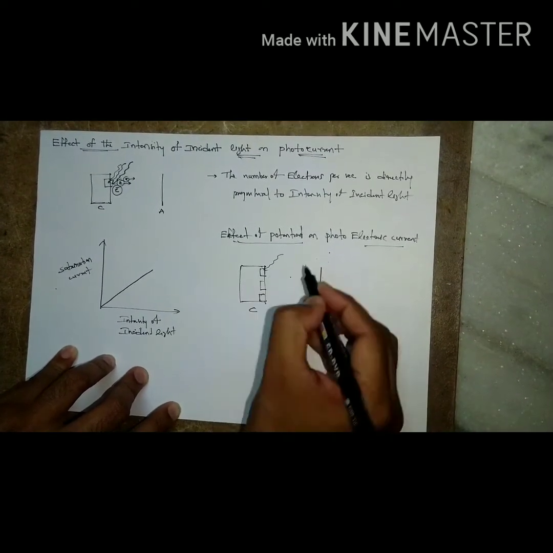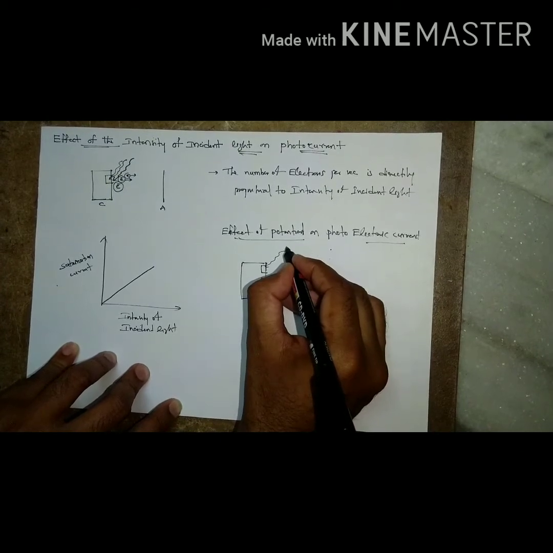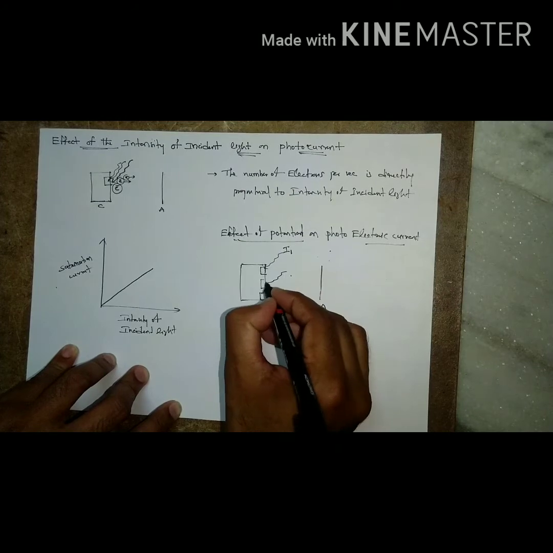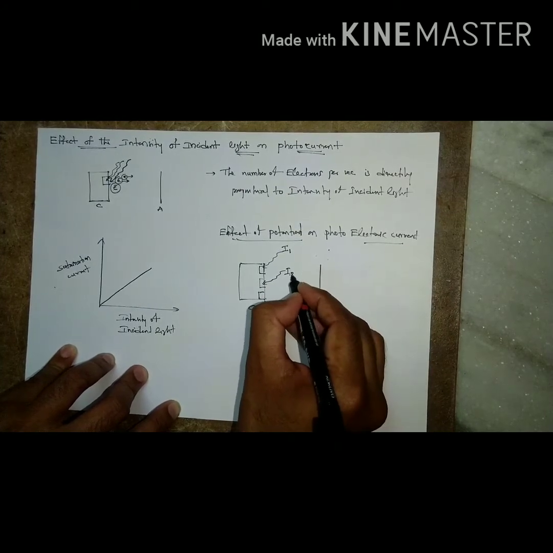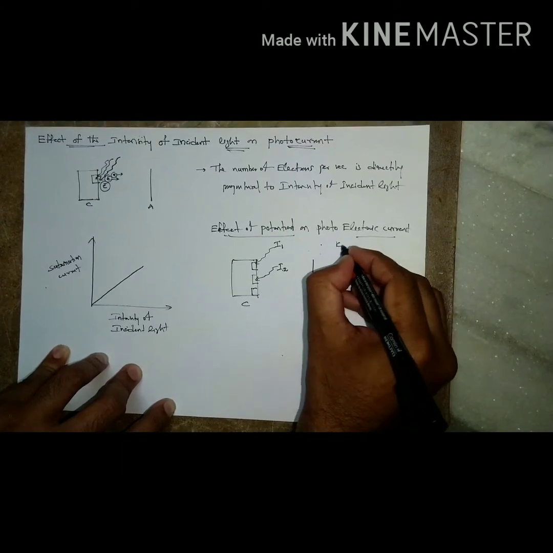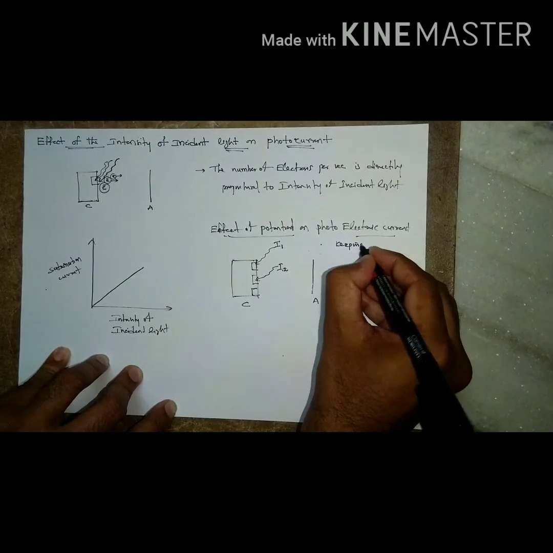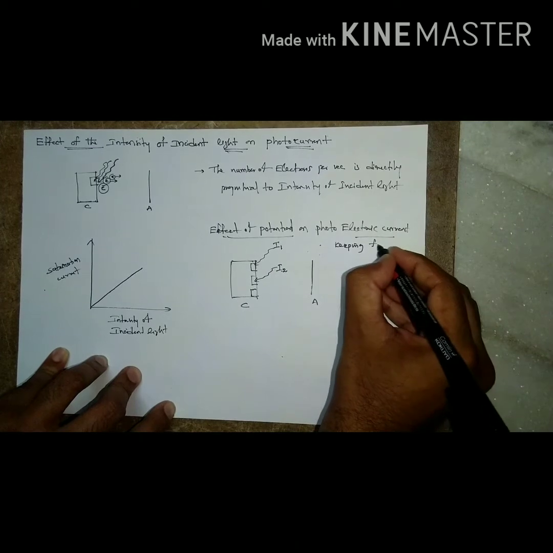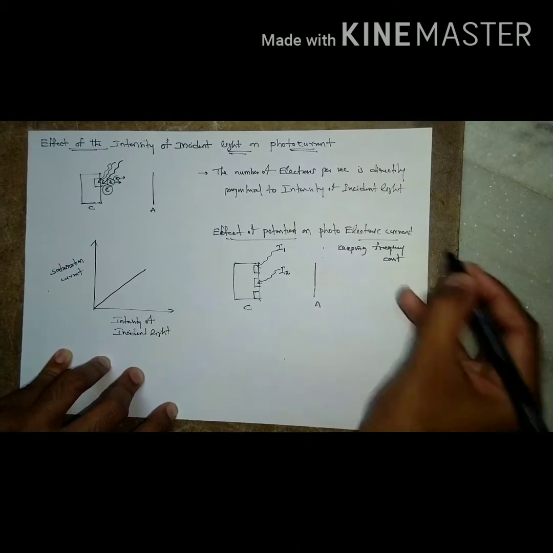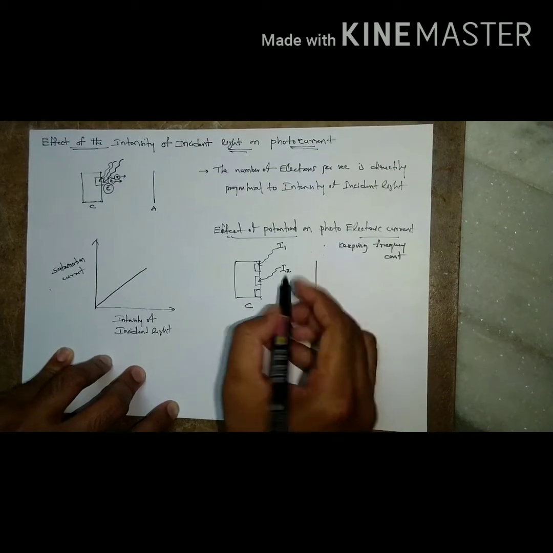In the first, suppose I incident light of intensity I1. In the second, I incident one more light, keeping the frequency constant in all three cases.